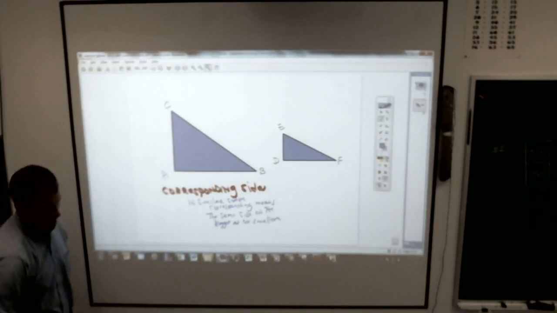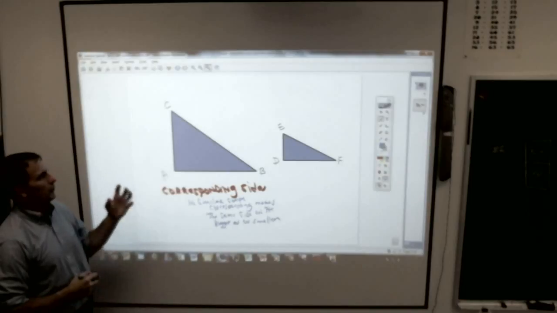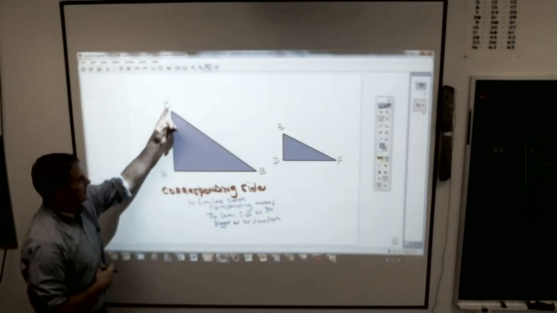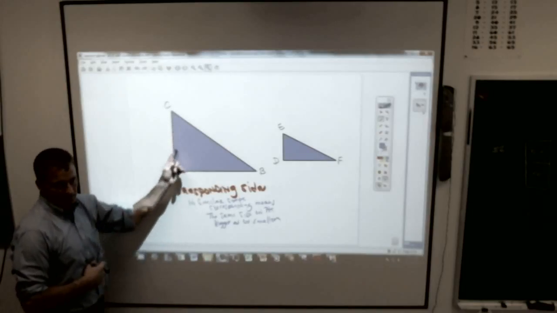In other words, if I asked you what side on the little triangle corresponds to side CA on the big triangle.